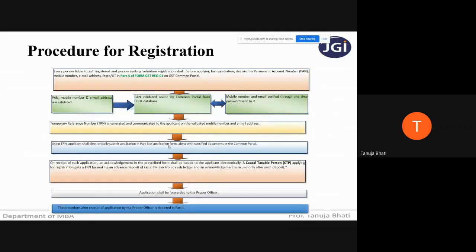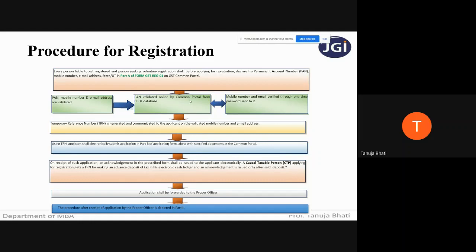So he has to fill an application form for registration where the basic details will be asked. With the help of the TRN, he can proceed further to part B of the application form along with the specified documents at the common portal.